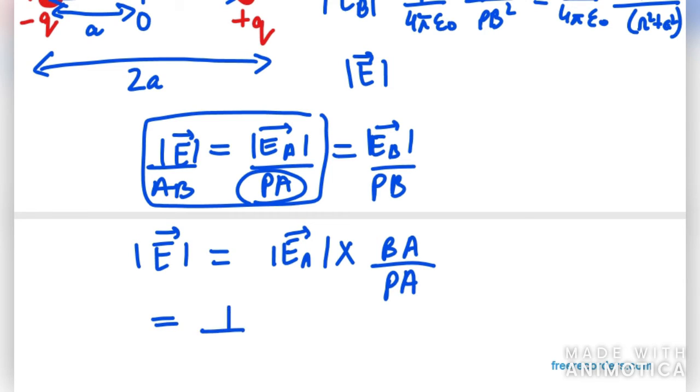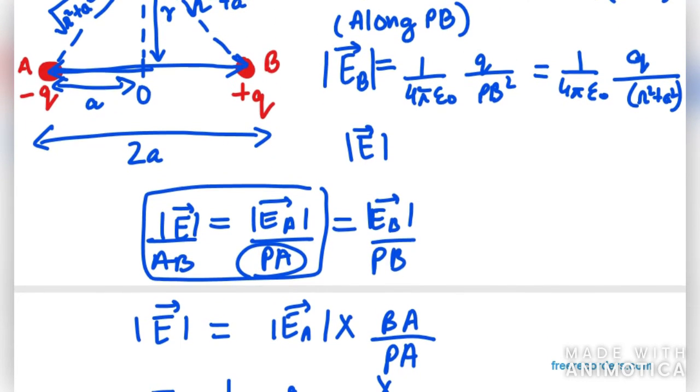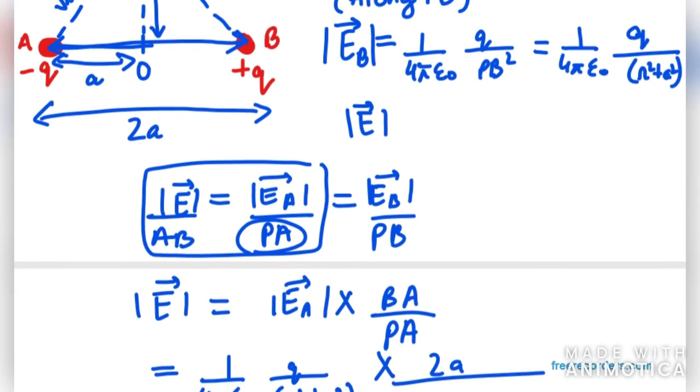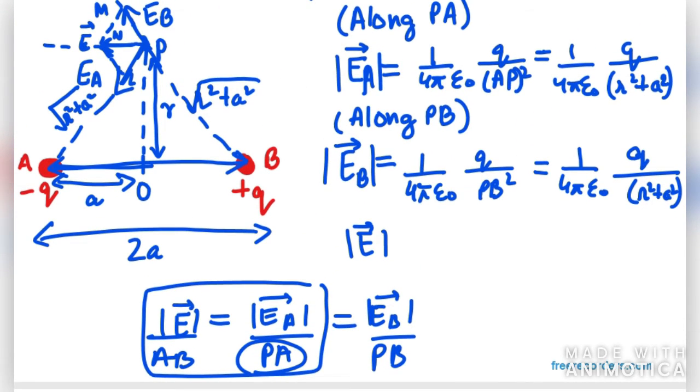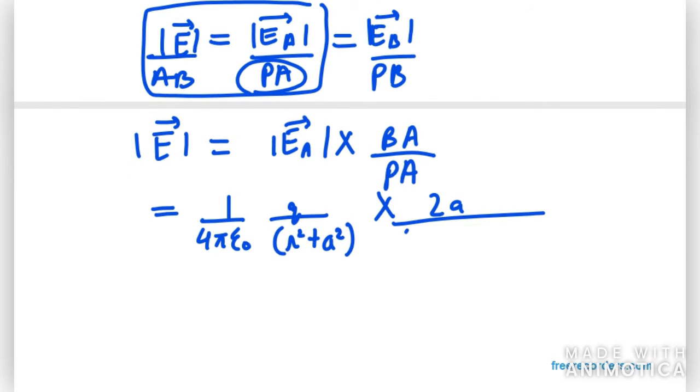Now, as you know, EA is 1 over 4 pi epsilon naught Q over r square plus a square into BA. BA in this case is twice a, the distance between the dipole is 2a, over PA. PA in this case is under root r square plus a square. So you can write (r square plus a square) raised to power half.